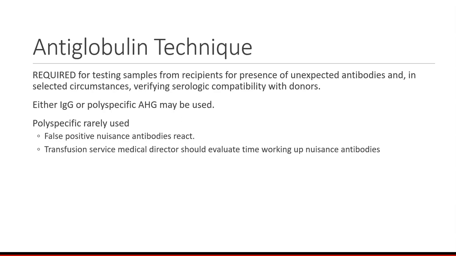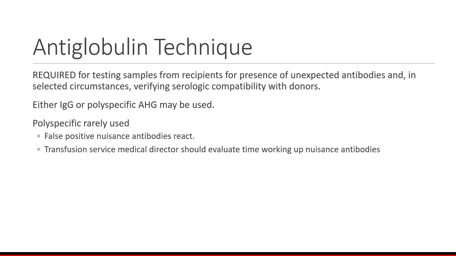If a patient has ever had or does have an unexpected antibody, a clinically significant one, then the antiglobulin test for the cross-match must be performed. You can either use monospecific IgG or polyspecific, which has anti-C3d plus anti-IgG.